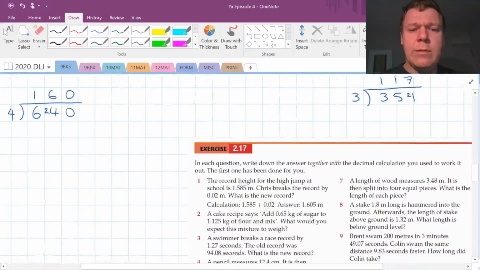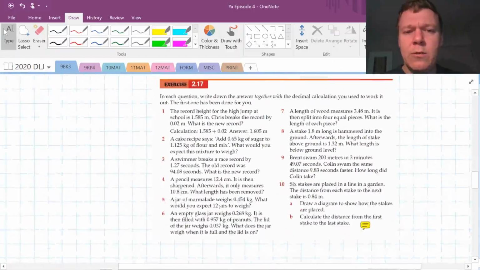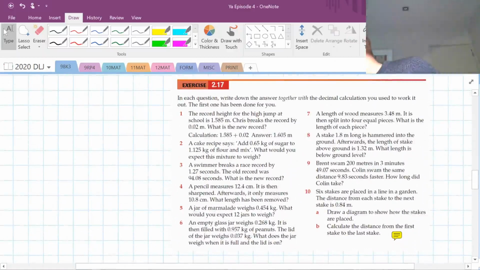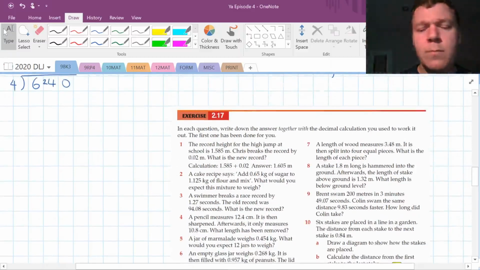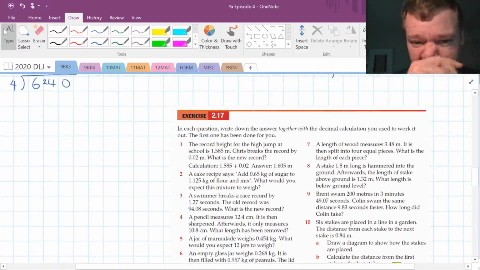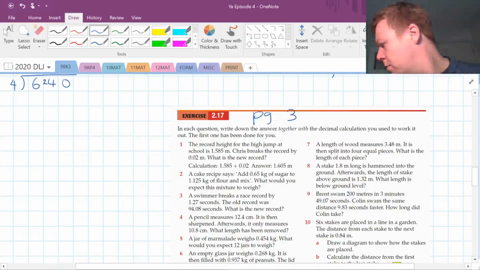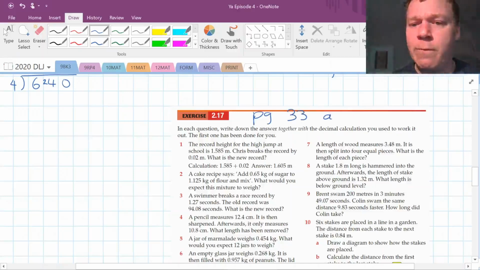All right, exercise 2.17. If you want, you might feel confident enough to go and do these by yourself. So that's on page 33 of the Alpha textbook.